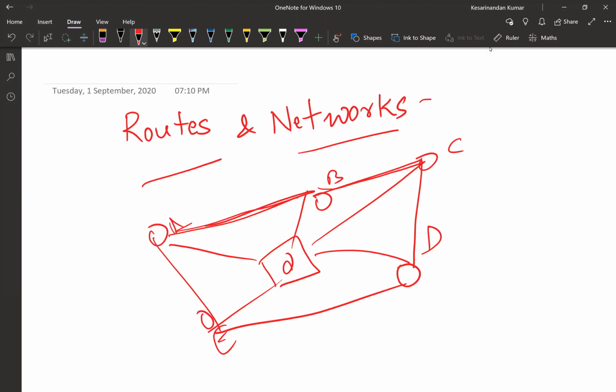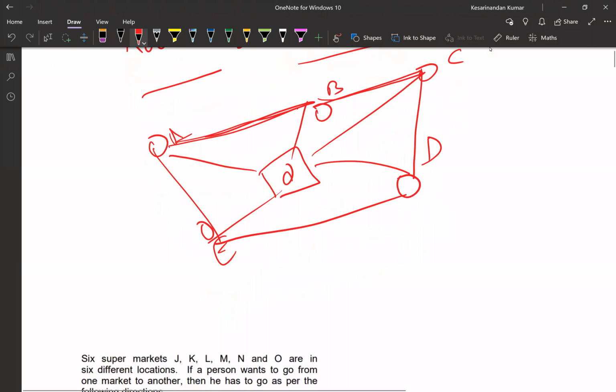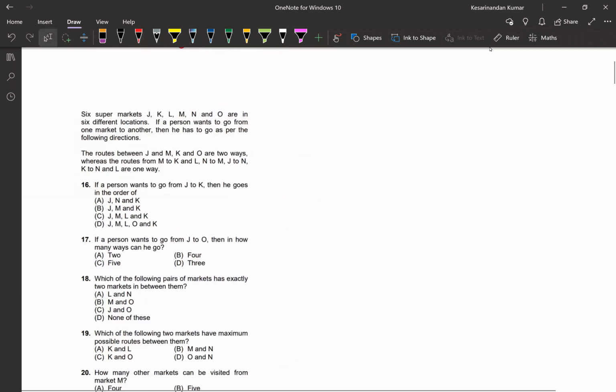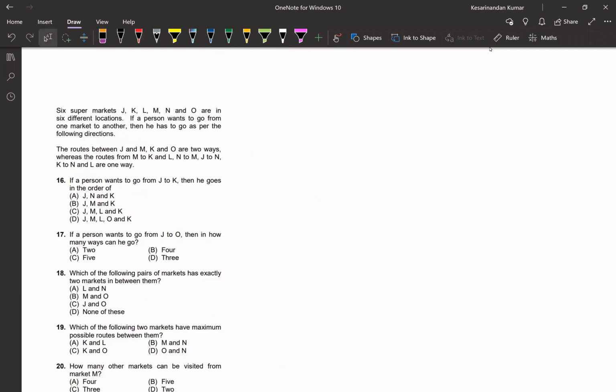I'll solve the first problem, and then later we'll see how the problems will be solved. So let's say there are supermarkets J, K, L, M, N, and O in 6 different locations.